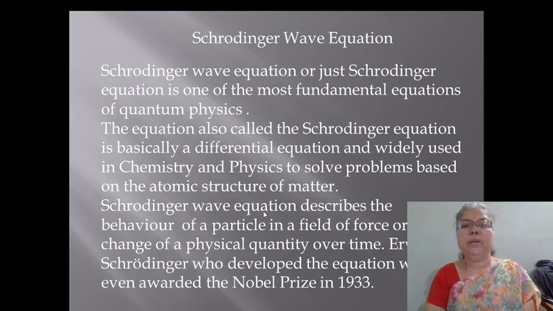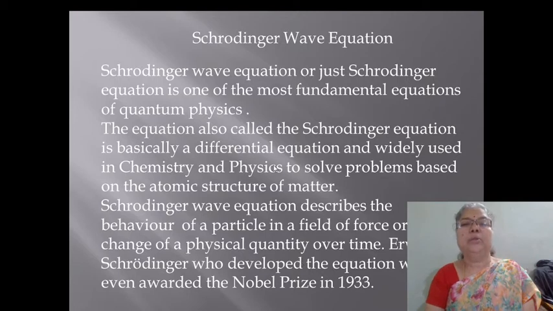The Schrodinger wave equation describes the behavior of a particle in a field of force or the change of a physical quantity over time. Due to this discovery, Erwin Schrodinger, who developed the equation, was awarded the Nobel Prize in 1933.